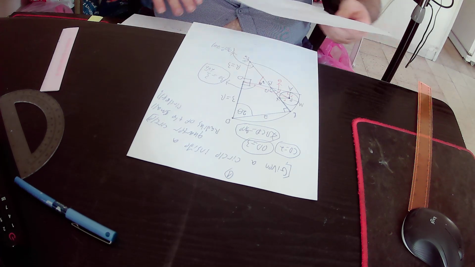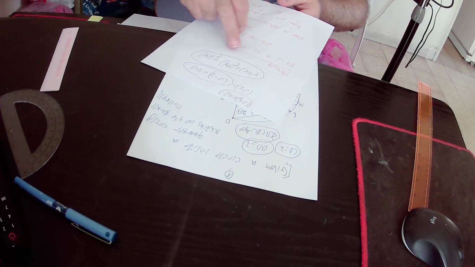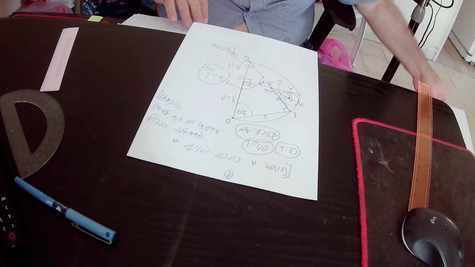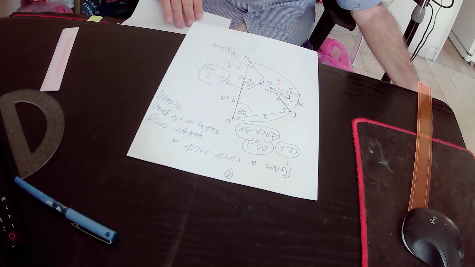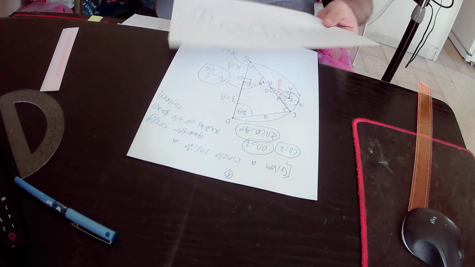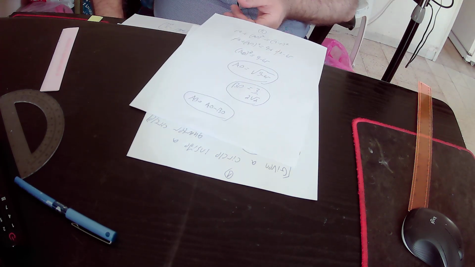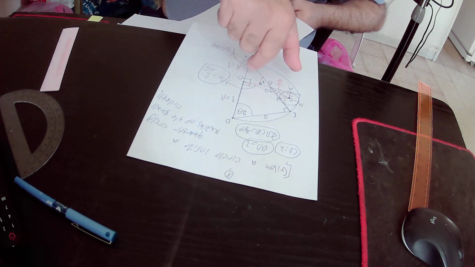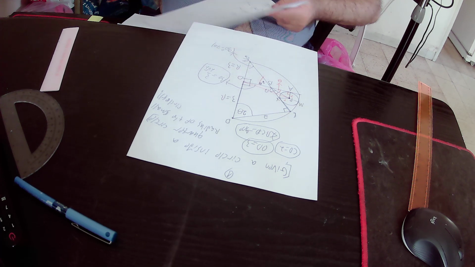So we solve this equality, and we found out that AO equals root of 9 minus 6r, and BO equals 3 over 2 times root 2, and AB equals AO minus BO.